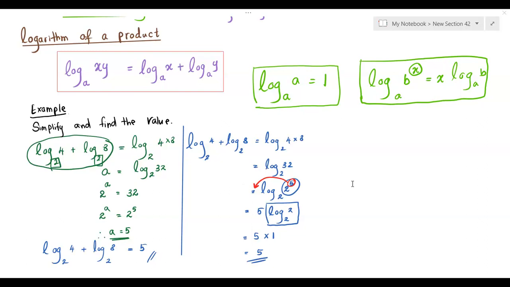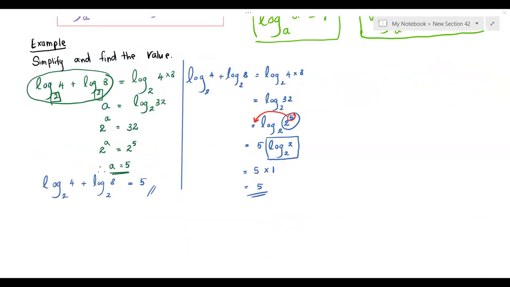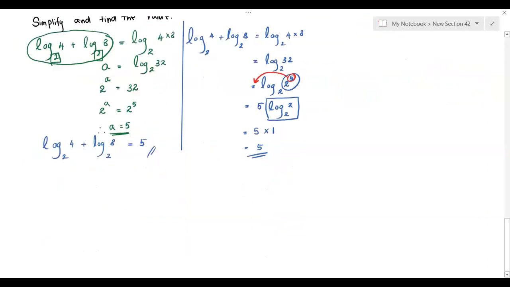Then shall we move to the next rule or law of logarithm?